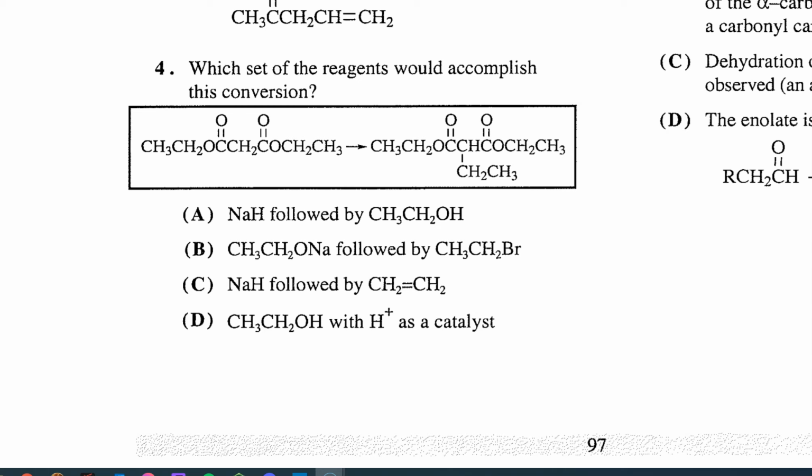With this one, we have 4 options that seemingly are pretty okay. But hopefully we can figure out a couple of them just seem a little off. What's happening here, of course, is we're going from our diester to now having 2 more carbons attached to the carbon in between the esters.